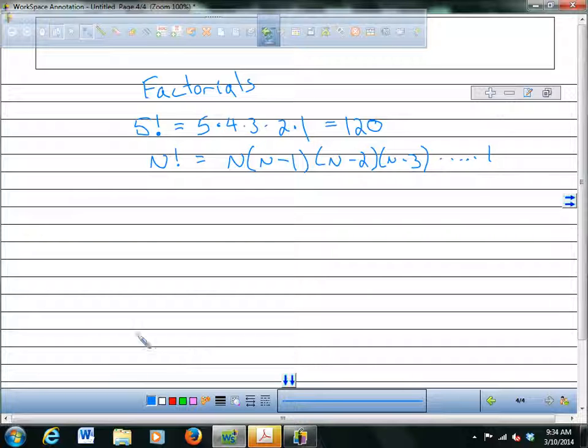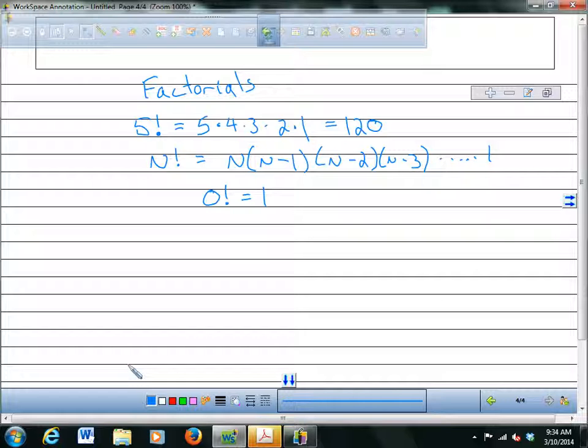And by definition, to make everything work, 0 factorial has to be equal to 1. Otherwise, things don't work out when you're dealing with factorials. Okay? So you do factorials.